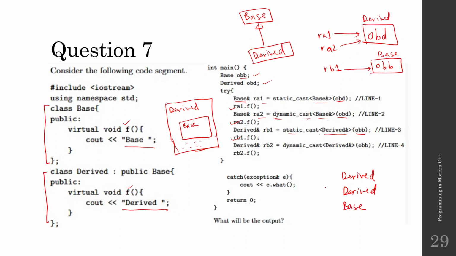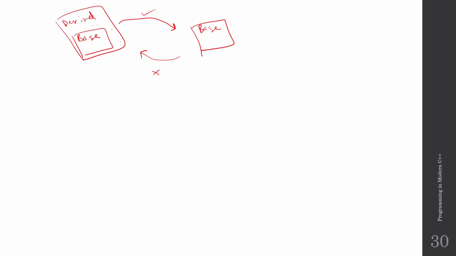Okay, and now coming to the fourth one. In the fourth case, as we saw over here, converting from base to derived is probably not right. So this is the difference between static cast and dynamic cast. Static cast does not perform this check. It will allow you to do this conversion.